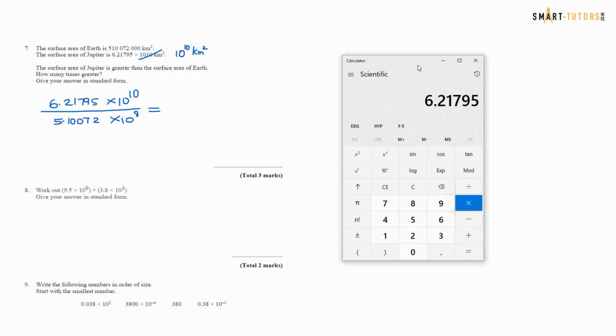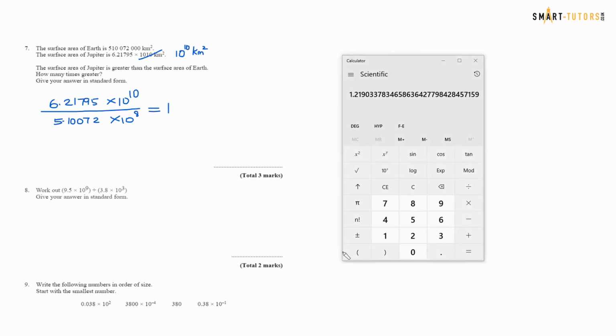6.21795 divided by 5.100. So I think I accidentally typed 10 more. There's 72, so that gives an answer 1.219.